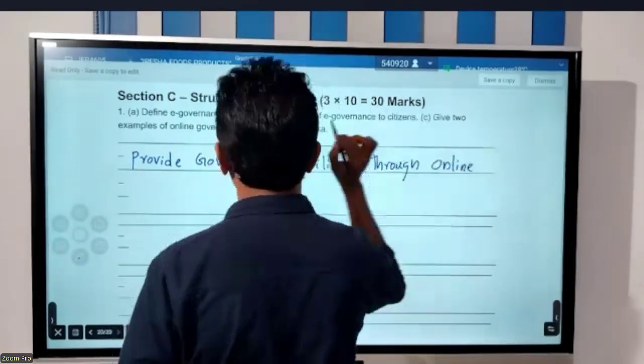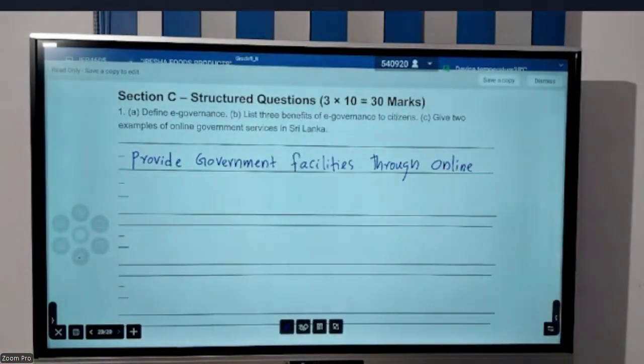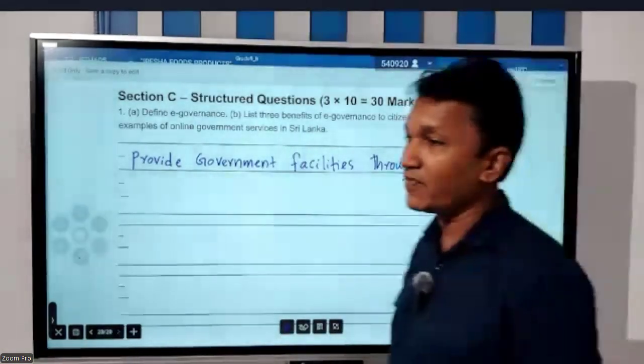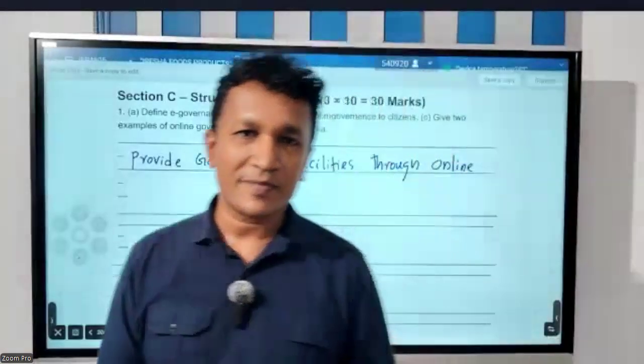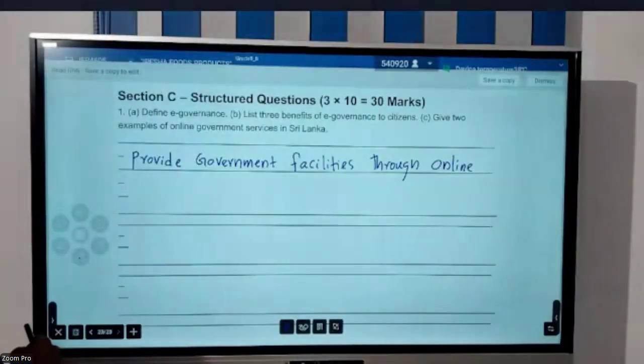Simple as that. E-governance means providing government services online.